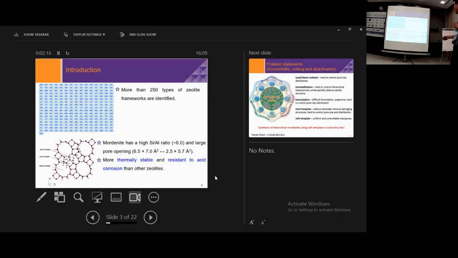In addition, this zeolite is more thermally stable, and it is resistant to acid corrosion compared with other zeolites. However, the pore size of a mordenite zeolite is still not big enough when we apply reactions involving bulky molecules.